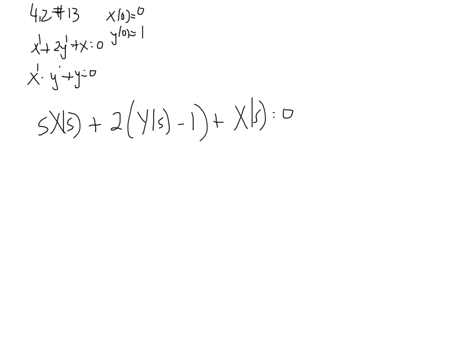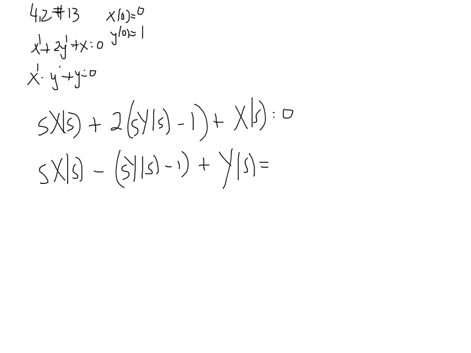And again, I do the same thing here. I get s x of s minus y at s minus 1, plus, oops, I forgot an s there and there, because I'm taking transforms of derivatives, plus y at s, 0.